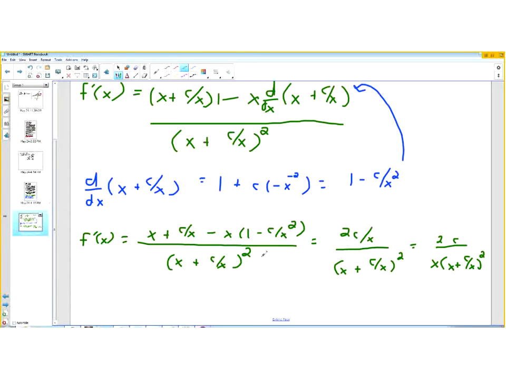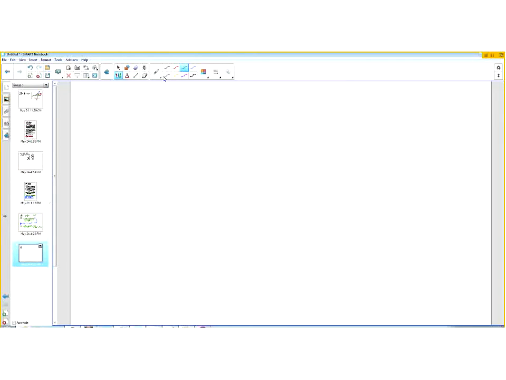Okay, I want to show you another example of the utility of using the product rule for differentiation. Suppose I gave you something that looked like this, and I asked you to calculate its derivative.